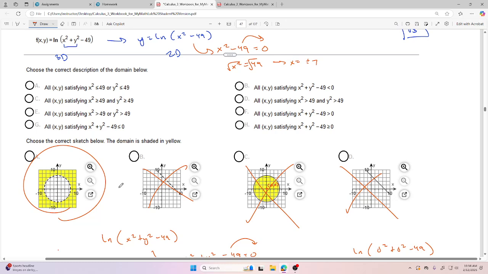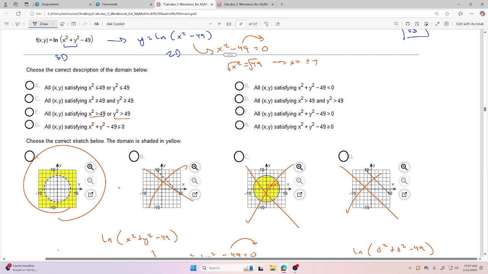Choose the correct description. Again, we're doing the best description possible. So x squared is less than or equal to. I think we need to be greater than or equal to. Also notice that when they have them separated like this, that's actually not a circle.